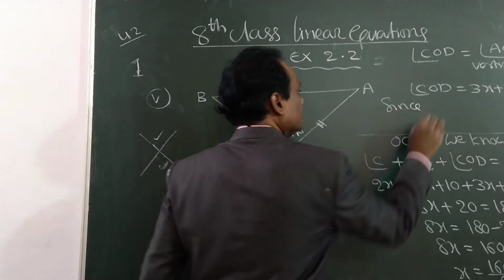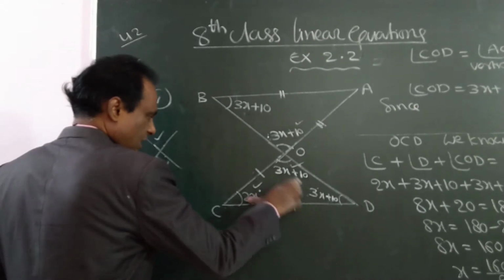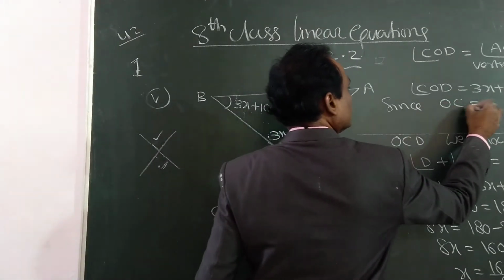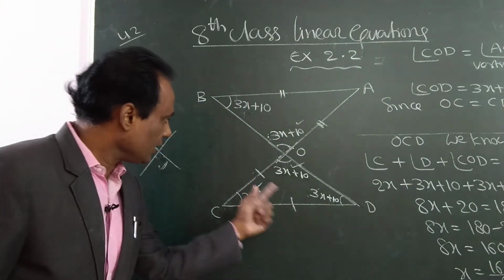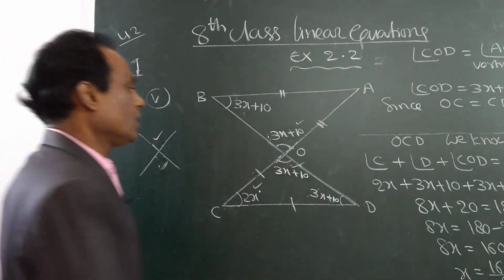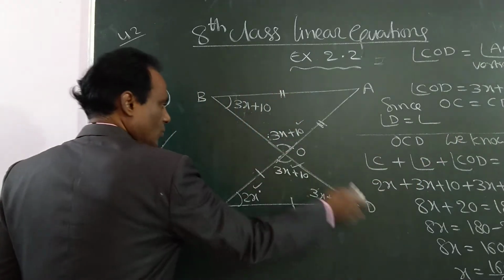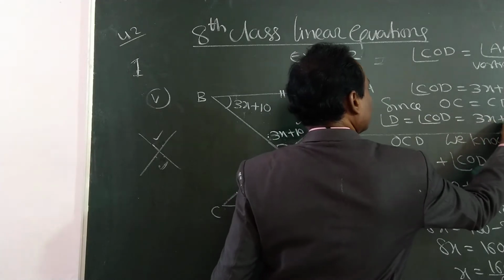Since OC is equal to CD, two sides are equal, then these two angles will be equal. Angle D is equal to angle COD, which is nothing but 3x plus 10.